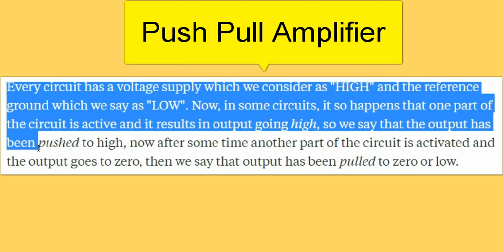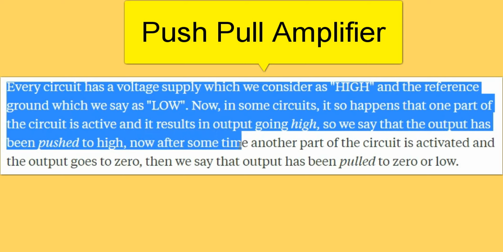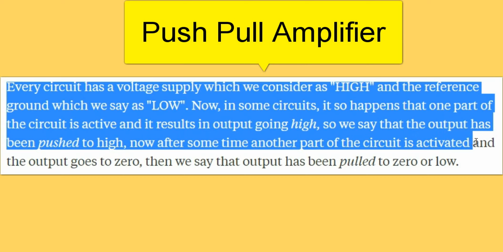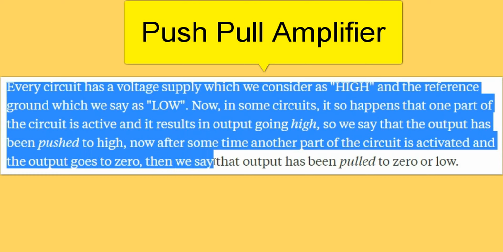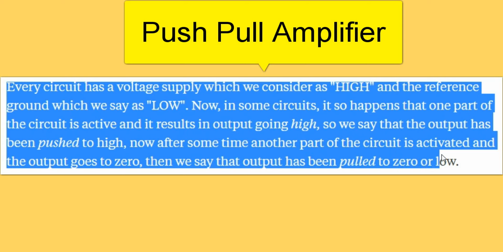And now after some time, if another part of the circuit is activated and the output goes to 0, then we say that the output has been pulled to 0 or low. That is the meaning of push-pull.